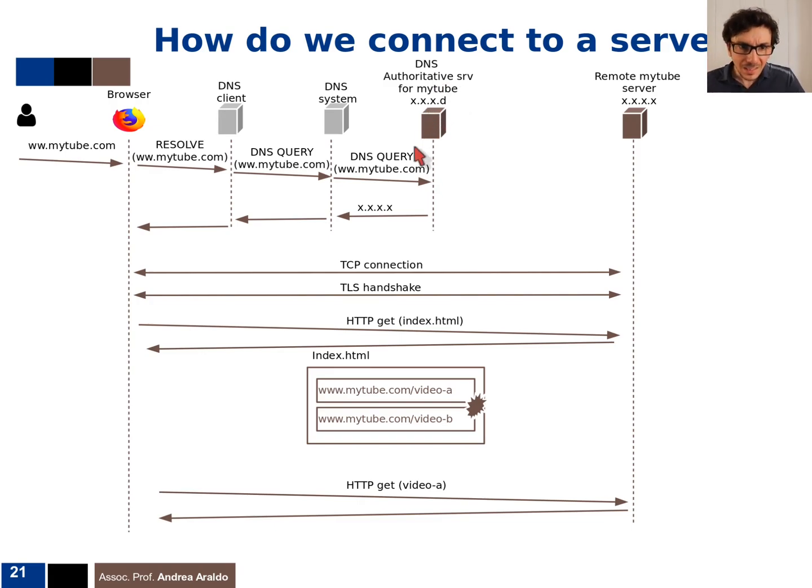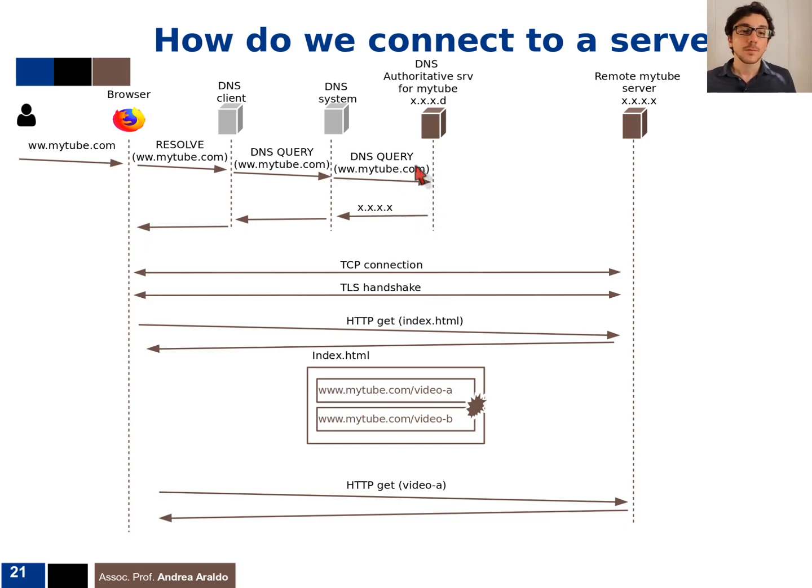So this is actually where all the DNS queries related to mytube.com will be sent, and it will reply with an actual IP address.